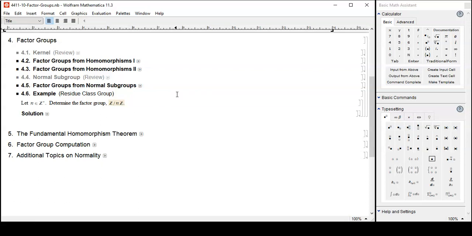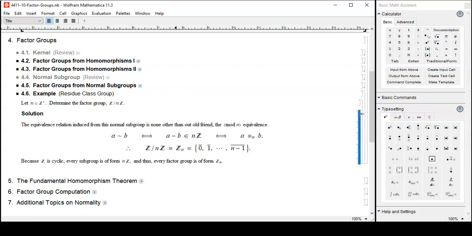And this will turn out to be a residue class group. You see? And what is the coset relation here? The normal coset relation. The normal equivalence relation modulo n.